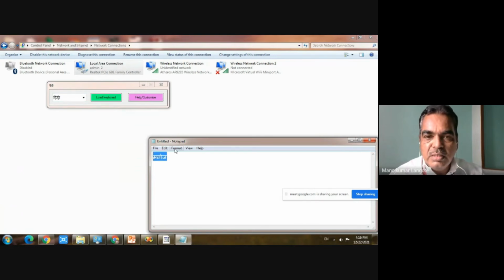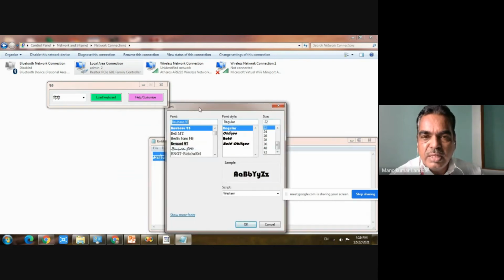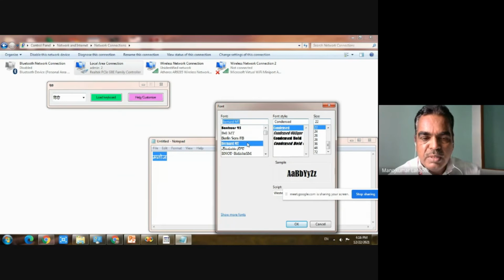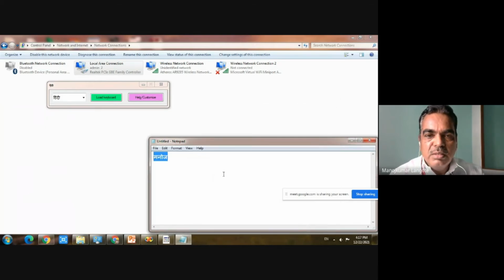Then this is independent of font. If you look at the font window, it will show the regular font of Times New Roman or etc. It will never affect the font. Suppose this is Bell MT; there is no impact of font.